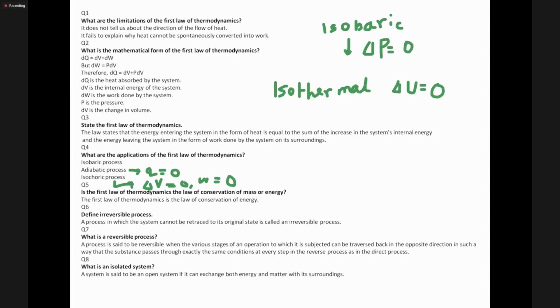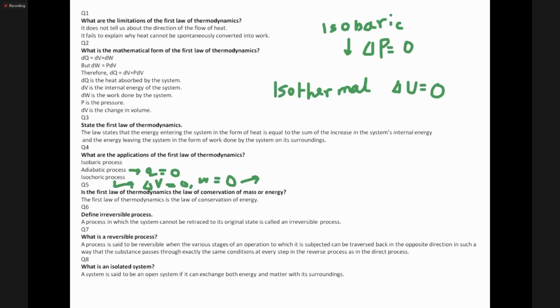In an isochoric process, delta V will be 0, so W will be 0, so delta U will be Q. In an adiabatic process, Q will be 0. In an isobaric process, delta P will be 0. So there are different applications of the first law of thermodynamics.